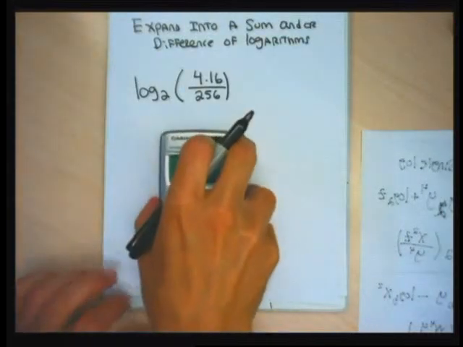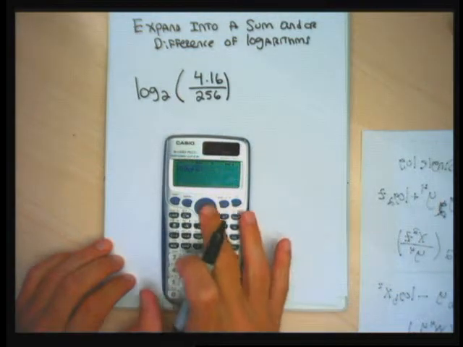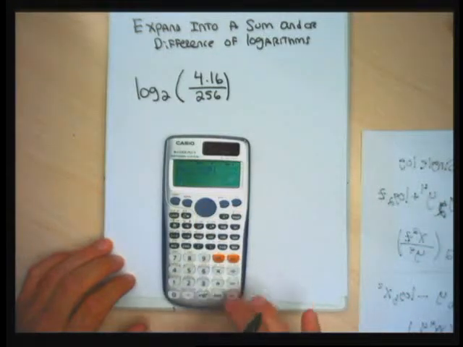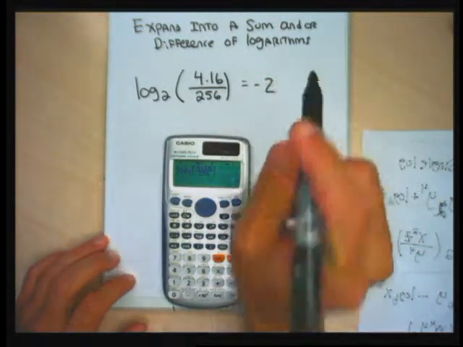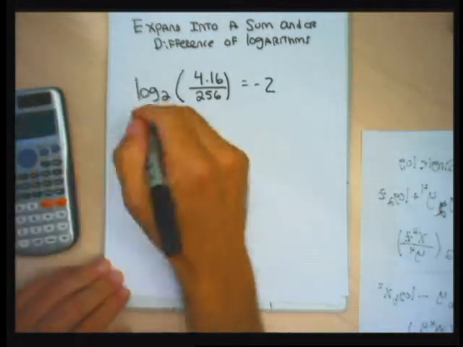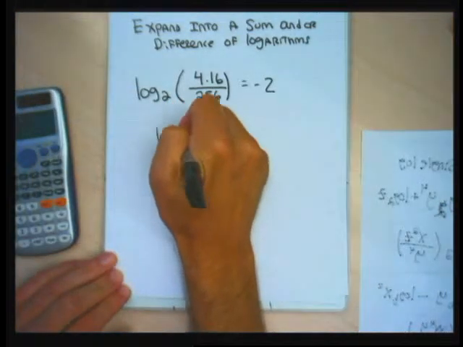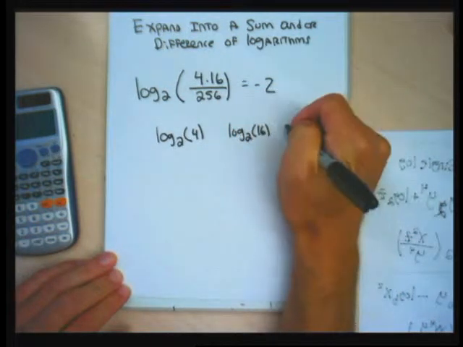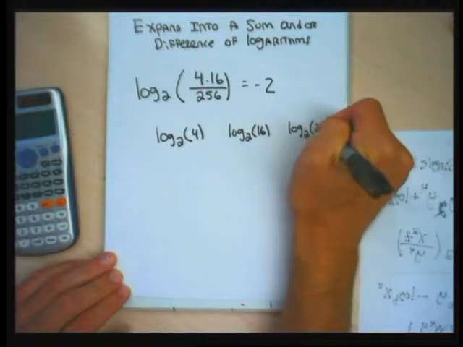Let me figure out what this equals real quickly. This equals the log base 2 of the fraction 4 times 16 over 256. So this is equal to negative 2. I'm going to expand this into 3 logarithms, one with a 4 as the argument, one with a 16, the other a 256. And I want to put signs between the logarithms such that when I do them separately, I get the same negative 2. So I want to come up with a log base 2 of 4, a log base 2 of 16, and a log base 2 of 256.